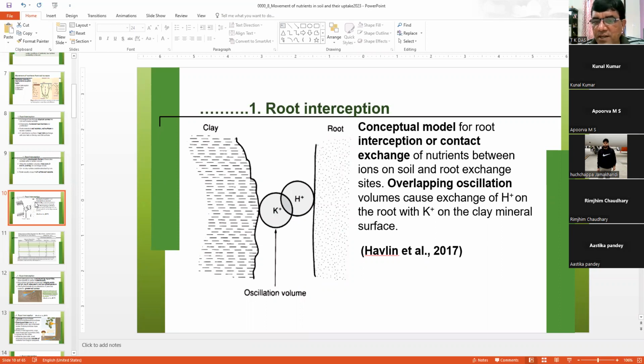Conceptual model for root interception or contact exchange of nutrients between ions on soil and root exchange sites. So you can see this potassium ion is on soil and hydrogen ion is on root. Overlapping oscillation: this is oscillating, and there is some overlapping. This causes exchange of the hydrogen ion on the root with potassium on the clay mineral. So they will exchange. This is how root interception takes up the ions directly from the clays.